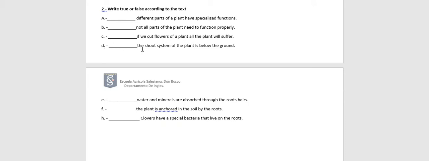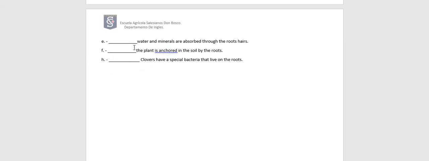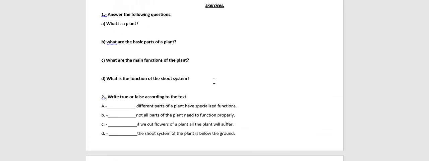D, the shoot system of the plant is below the ground. E, water and minerals are absorbed through the root hairs. F, the plant is anchored in the soil by the roots. And G, clovers have a special bacteria that live on the roots.